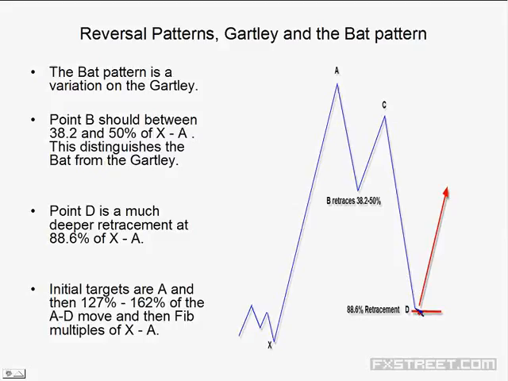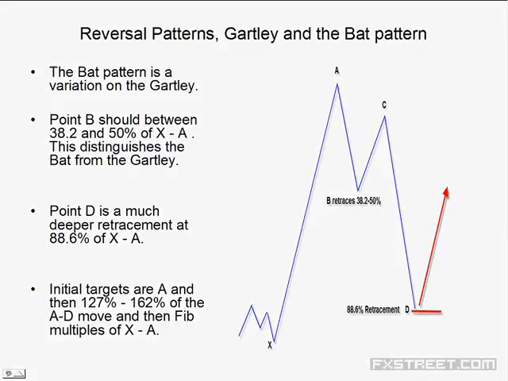But then, of course, the trader has got to start to look at what this pattern could become. And if the trader can see that right down here at 88.6, price is actually running out of steam on the downside, then the trader's going to close that position and get ready now to trade the Gartley.